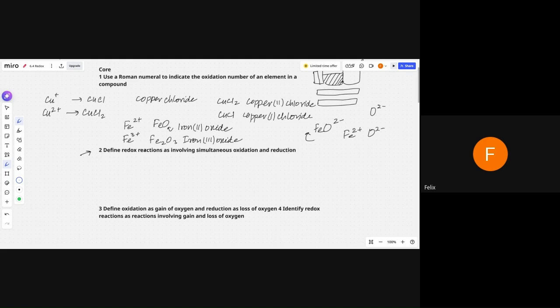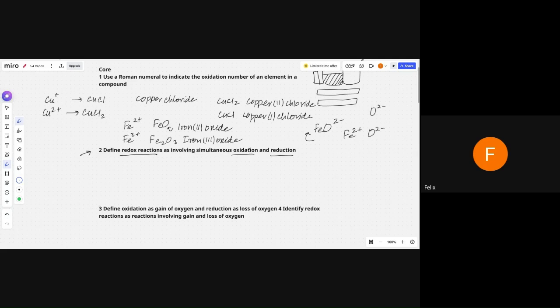Yeah. So what is redox? What are redox reactions? Redox reactions are reactions where oxidation and reduction occur simultaneously. We don't know what is meant by oxidation and reduction yet, but we are trying to understand what redox reactions are.